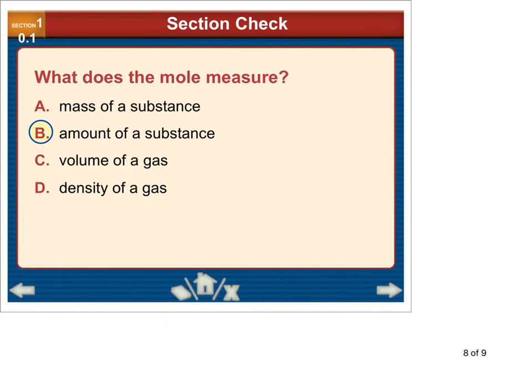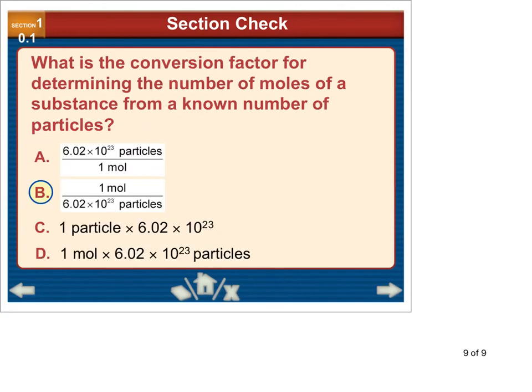A little quick review question. What does the mole measure? And that is, as it shows here, the amount of a substance.